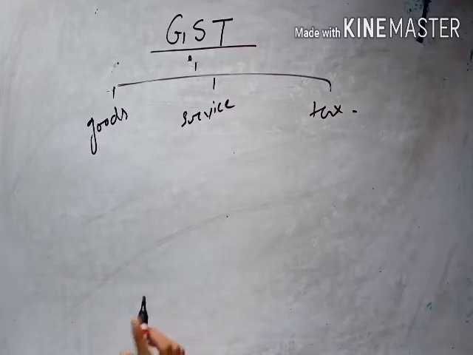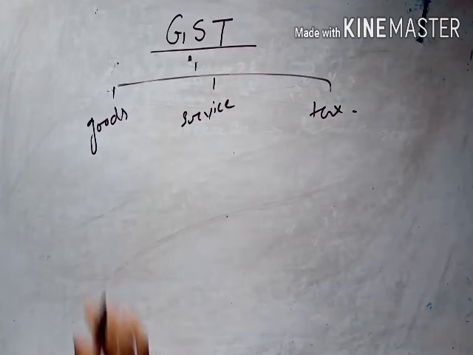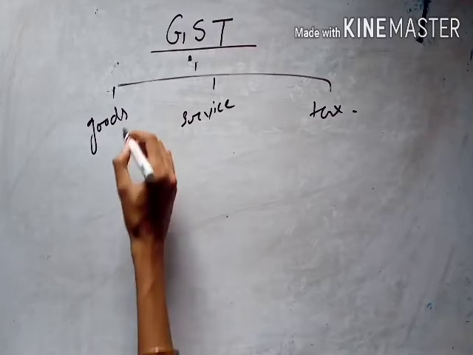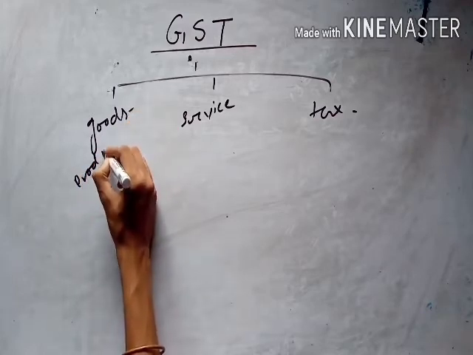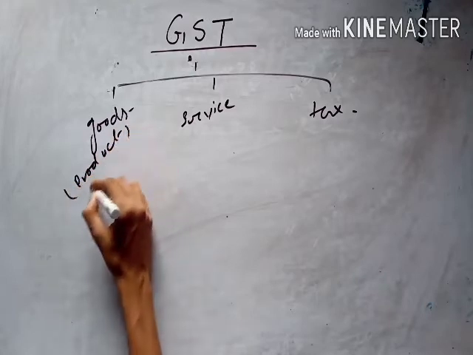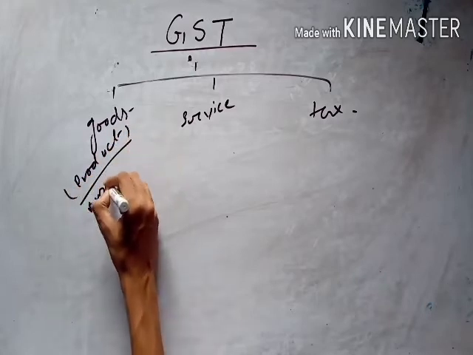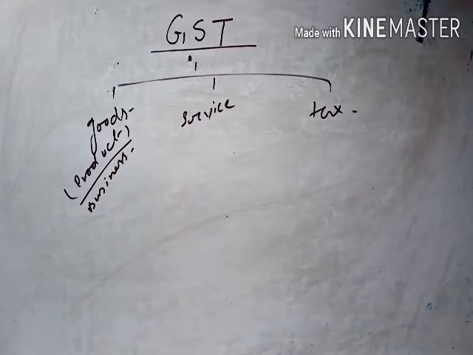Now what is goods? You have a business and the business is product based. Then the product is called goods for your business. Now suppose you are a CA, an advocate, a doctor, you are giving services to other people.